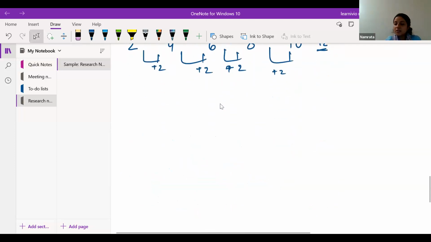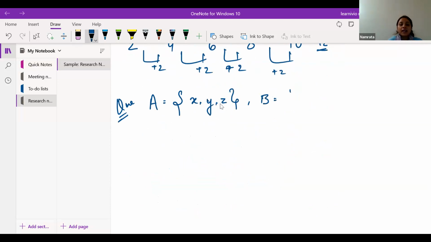Now the next question is, suppose we are having a set A containing elements x, y, z. And if we are having a set B containing elements 1, 2.